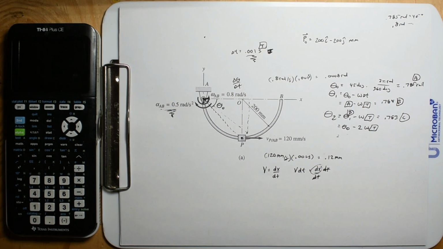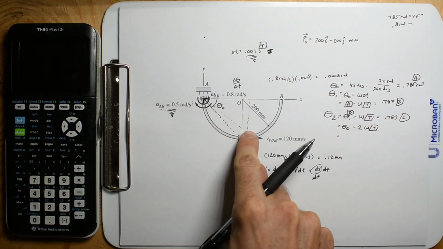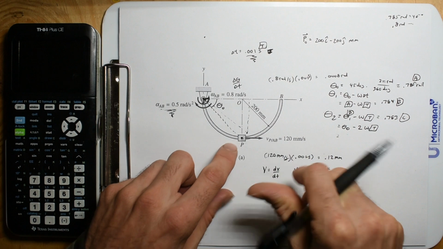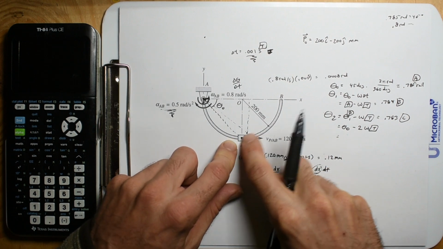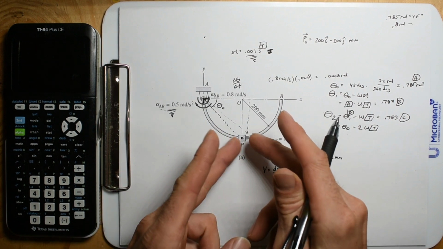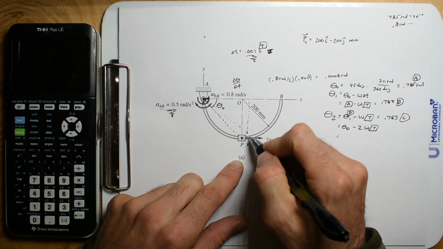Alright, took a little break, and I think I messed up. I don't think I can do this one with this setup. Some of these problems you can actually just figure out where the location is going to be, and then if you know the change in distance for that time period, you get the velocity.